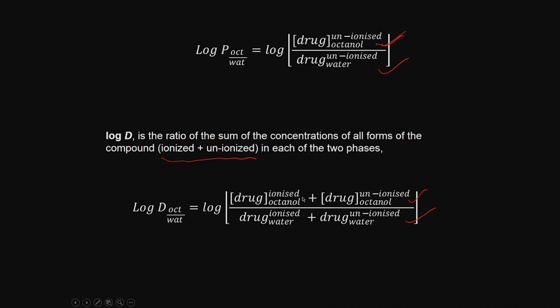As I said, if you have a solvent like chloroform, you are not going to have ionization, so this term will become practically 0. You will have a drug in 2 forms, ionized and non-ionized, only in the aqueous form, but in the solvent you will not have that. So, this is called log P and this is called log D.